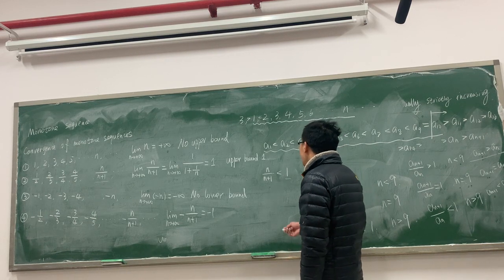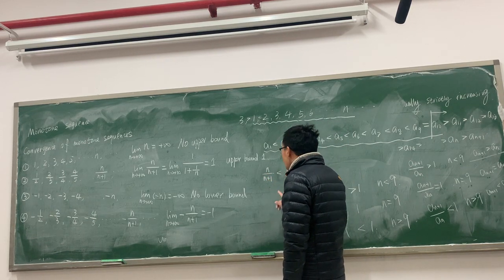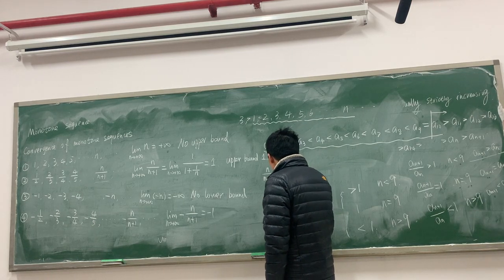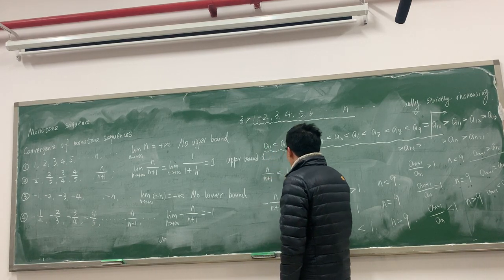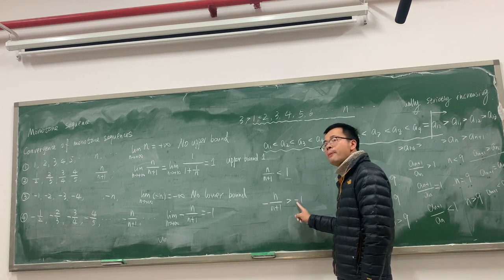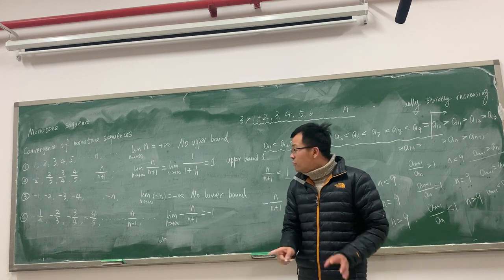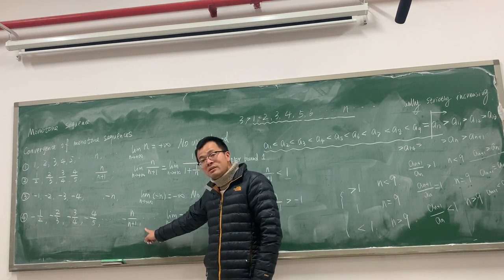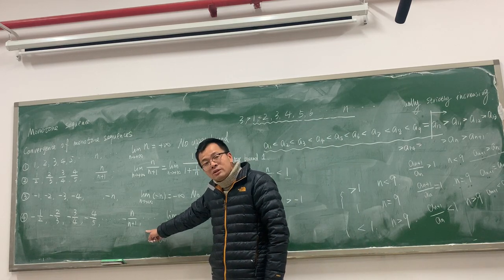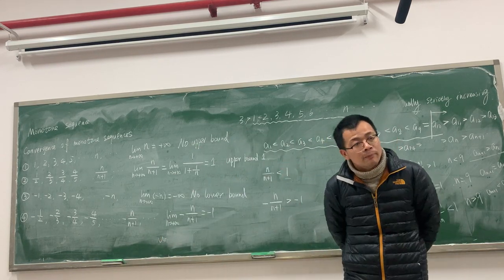Now we can see, because n by n plus 1 is less than 1, minus n by n plus 1 is greater than minus 1, yeah? So here means what? For the number 4 sequence, each term is greater than minus 1.